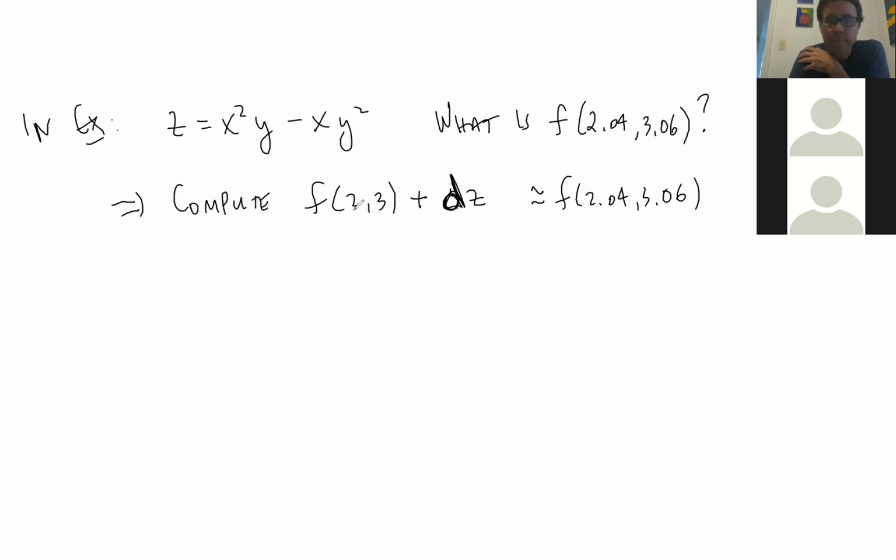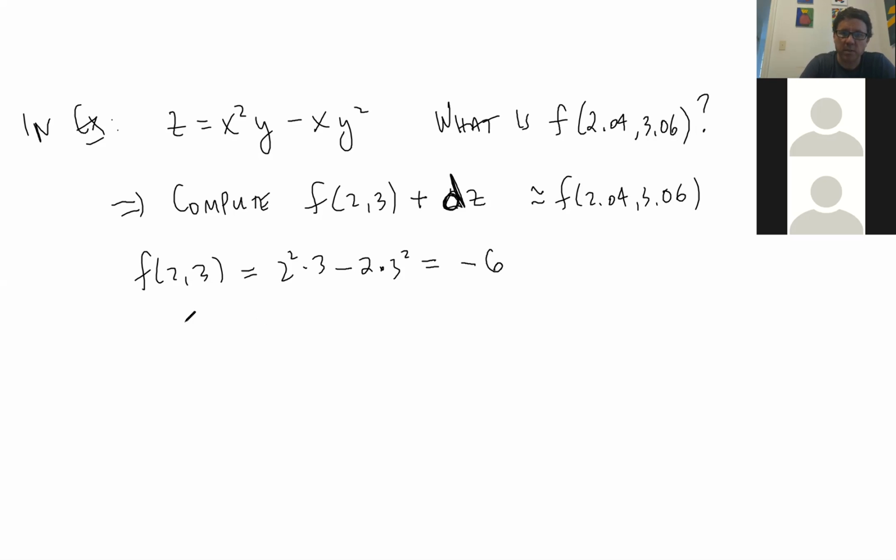So first of all, what is the function when you stick in 2 and 3? I get 2 squared times 3 minus 2 times 3 squared, and that's 12 minus 18, so that is minus 6. And that's what happens at 2 and 3. Well, what happens if I go just a little bit off from 2 and 3 to 2.04 and 3.06?